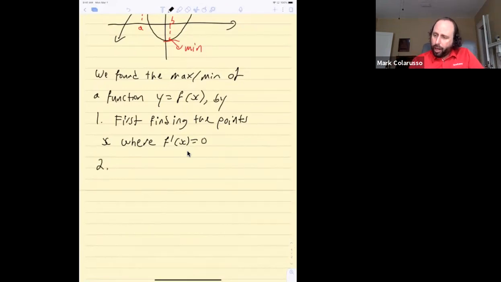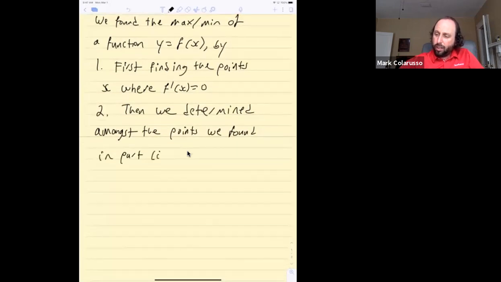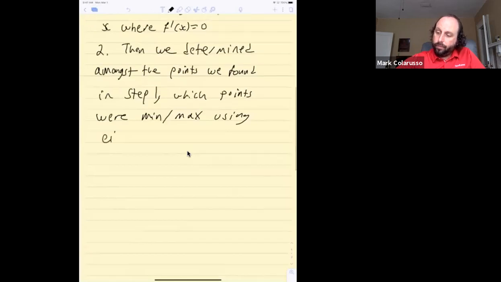So then, in step 2, we determined which of the points we found in step 1 were min or max using either the first derivative test or the second derivative test.